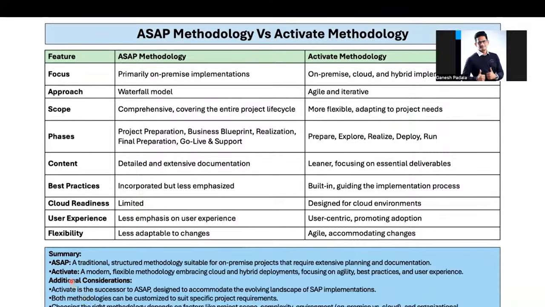Summary-wise, SAP is a traditional structured methodology suitable for on-premise projects that require extensive planning and documentation. Activate is a modern, flexible methodology embracing cloud and hybrid deployments, focusing on agility, best practices, and user experience. Agility is more about the sprint, how we segregate the work and do it.